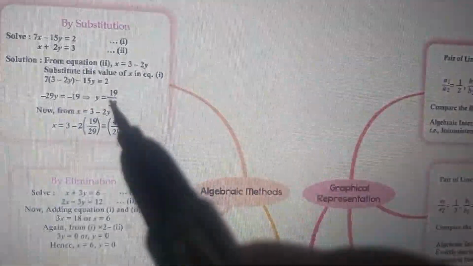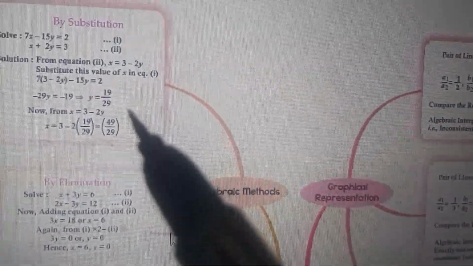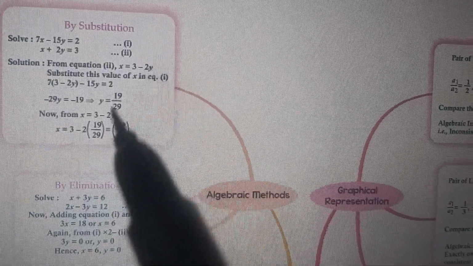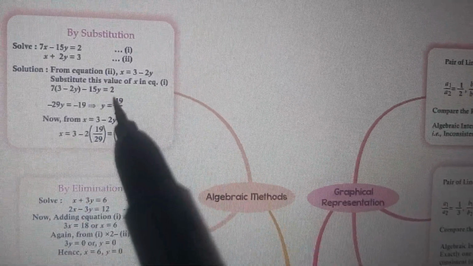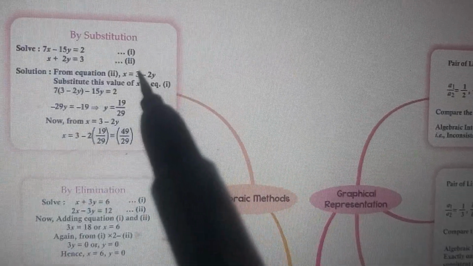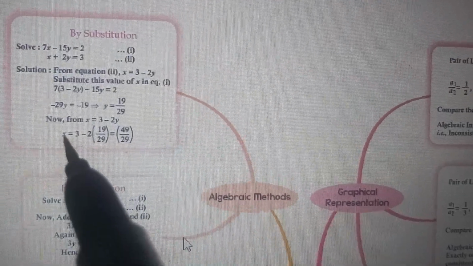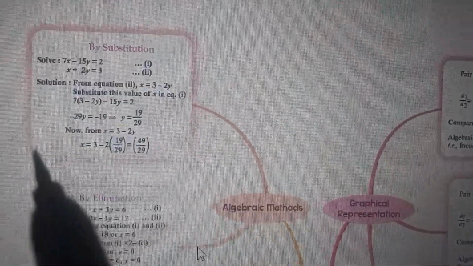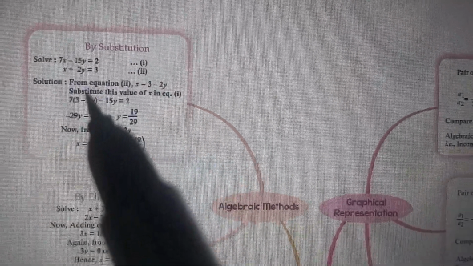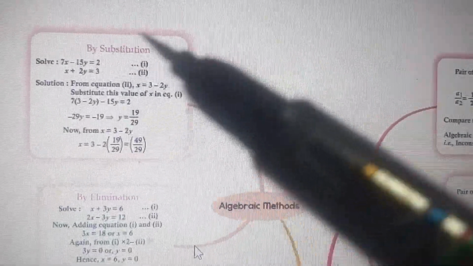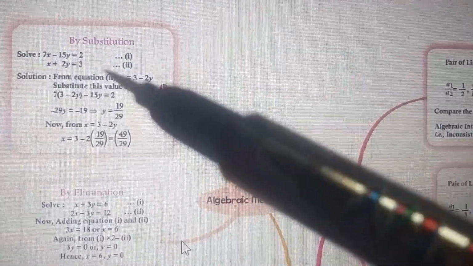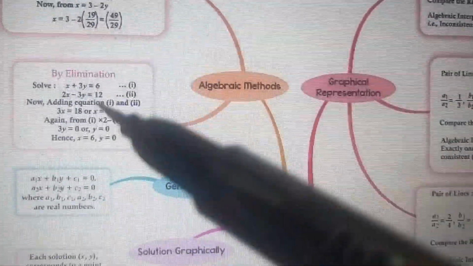Now substitute this y value in the equation x equal to 3 minus 2y, that is, we put the obtained value in the second equation, then we can easily get the x value and y value. This is the substitution method. By simplifying the given equations, we get the values of x and y. Now the elimination method.